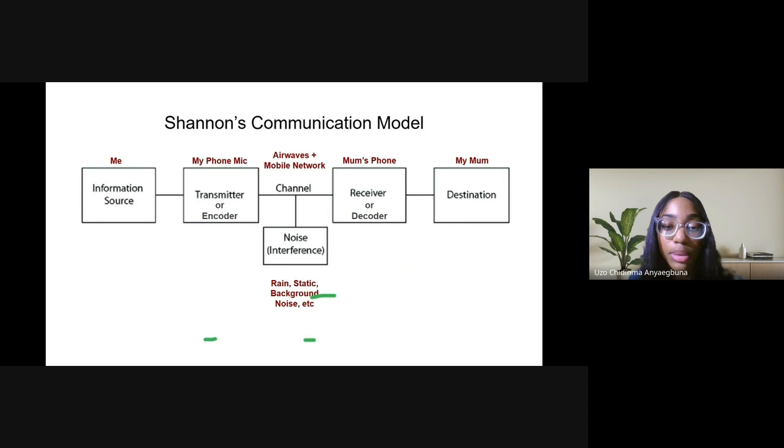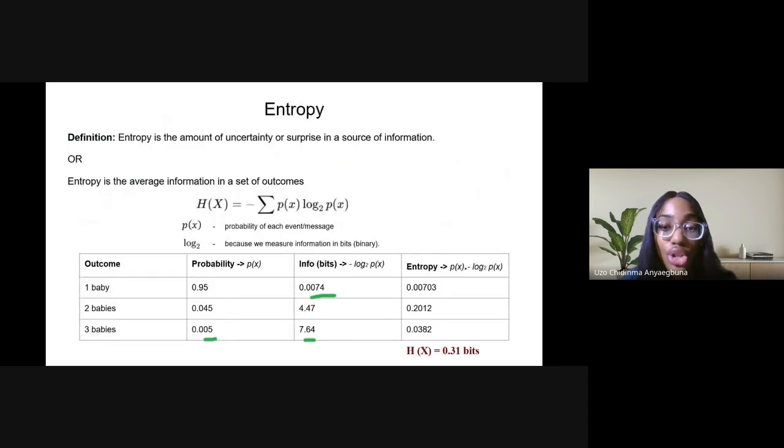So this carries us to the next slide. So now that we understand that information is about surprise and that entropy tells us on average how surprising or uncertain a message is, we go on to something else. It's one thing to have information, and it's another thing to send the information across.